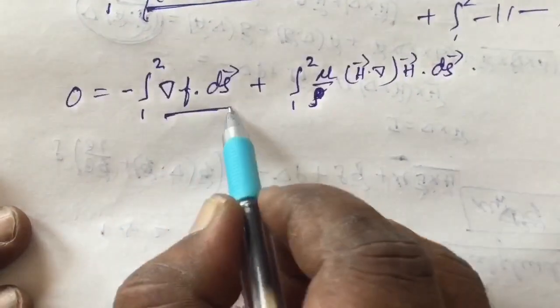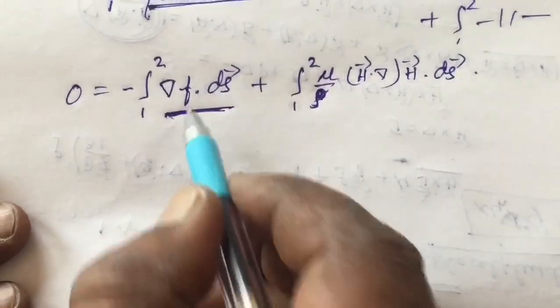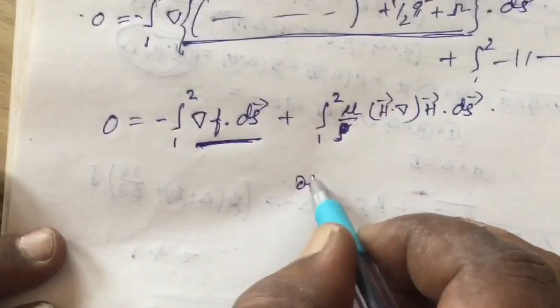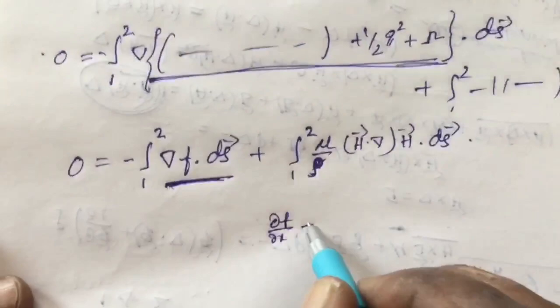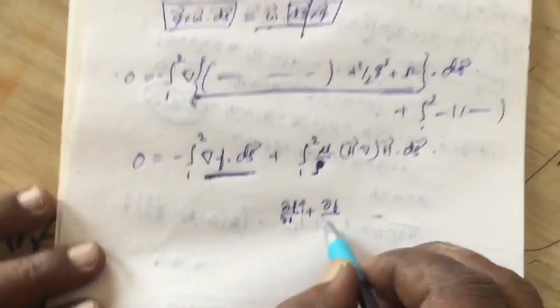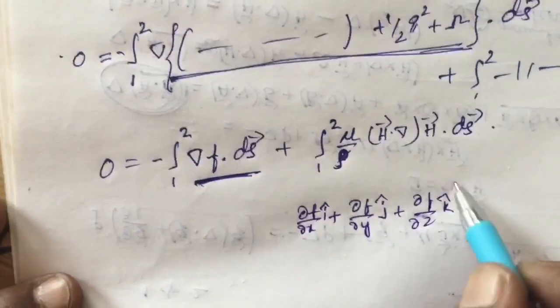Now, look here. Del f, I am going to express as del f by del x into i plus del f by del y into j plus del f by del z into k.